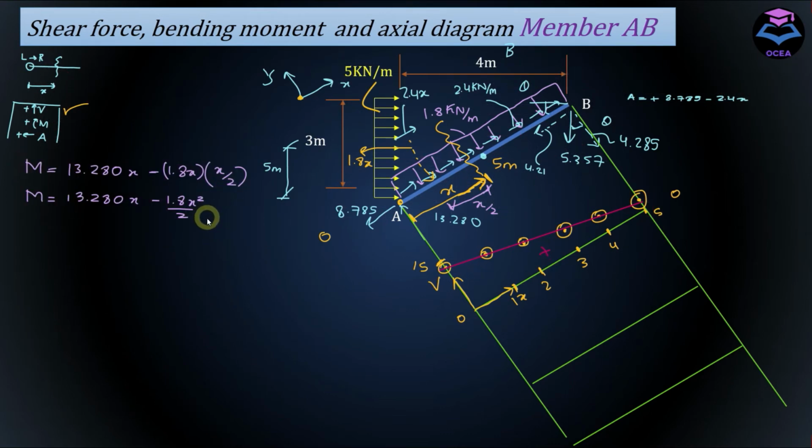Similarly, to plot the bending moment diagram, substitute different values of x in this equation along the length of this member. So x starts from here, and on the y-axis we have the bending moment ordinate. I'm going to substitute x equals 0 to 5 with an interval of 1 meter.